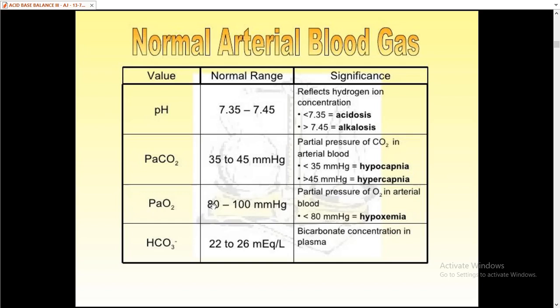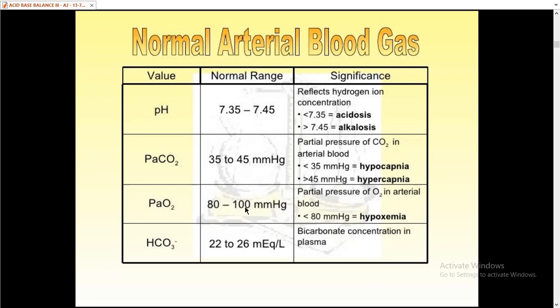The PaO2 is 80 to 100 millimeters of mercury, and if it's less than 80, then hypoxemia can occur. This can also be measured by an instrument put on the thumb, which gives the saturation of oxygen in the body fluids.